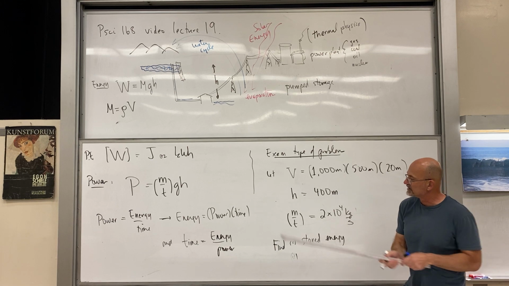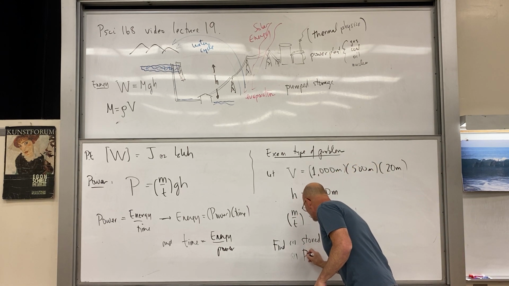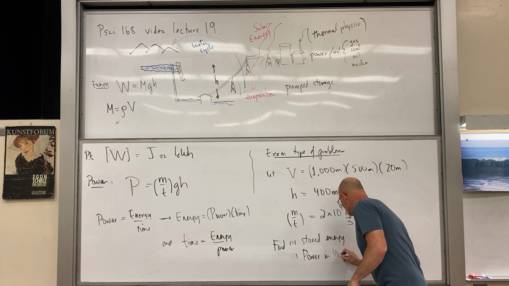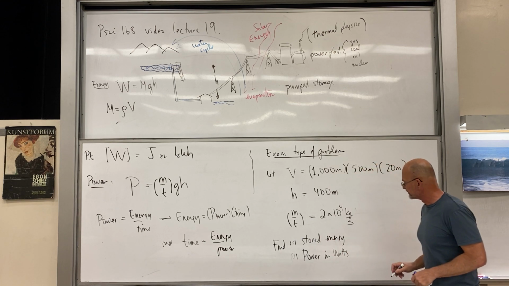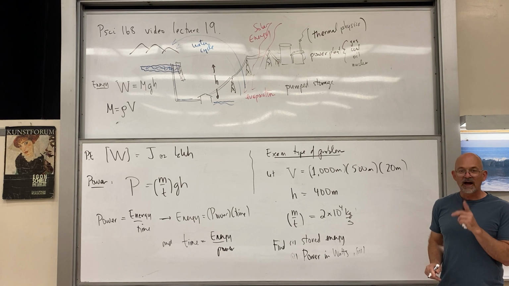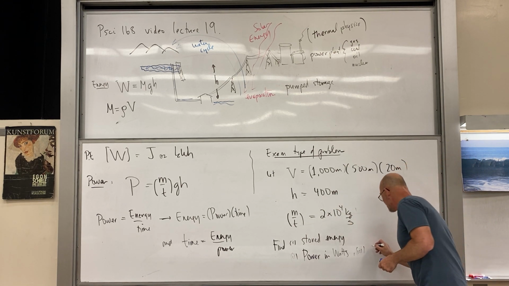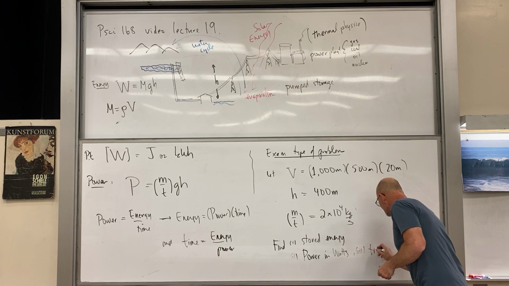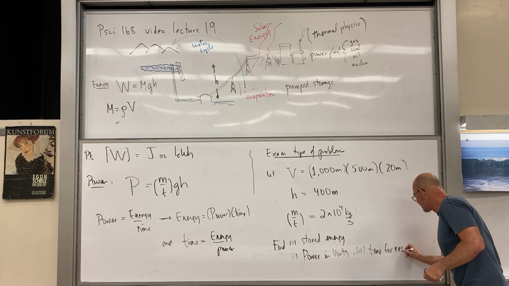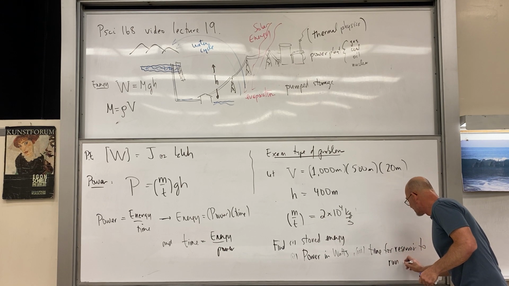There's the power formula right there. Power in watts, which is what you're going to get. And the third question is the time for that reservoir to run dry. How long would the reservoir run using that power? Time for the reservoir to run dry.